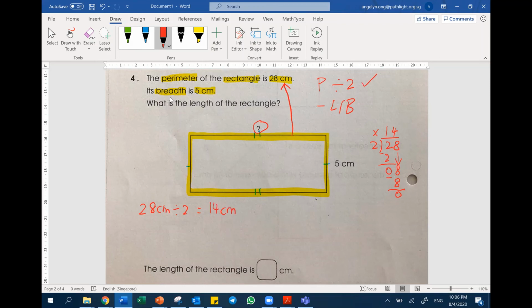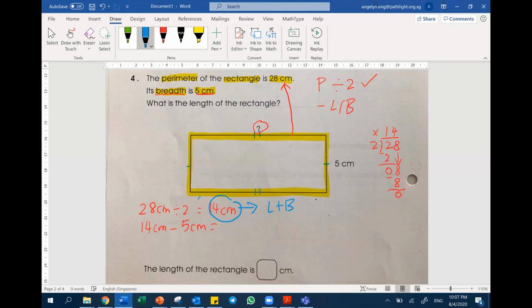Now let's do step 2. We're going to subtract away the given length or breadth. In this question, they've given us the breadth is 5 cm. So we take 14 minus away 5 cm to get the length. Because this 14 is actually one group of length plus breadth.